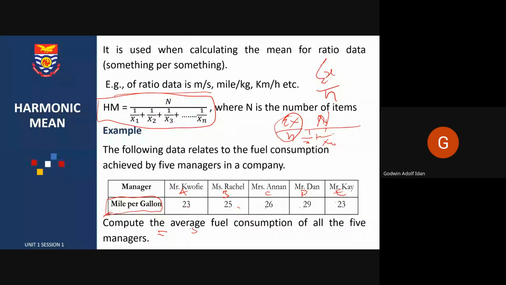We're going to have 5 divided by, then we do 1 over 23 plus 1 over 25 plus 1 over 26 plus 1 over 29 and 1 over 23. So the 5 will divide everything when we find the reciprocal as such. I hope it's clear.